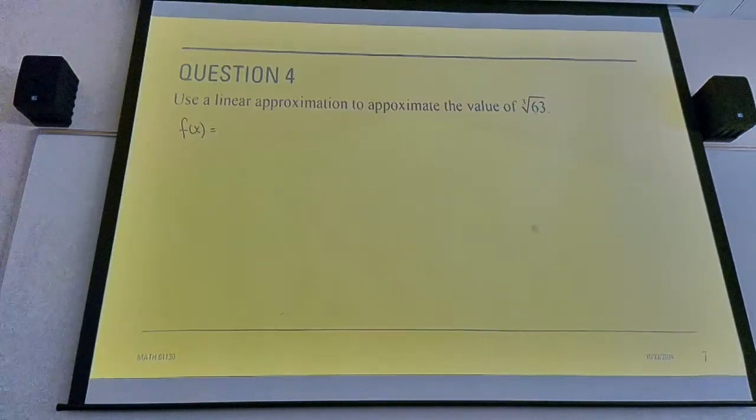I still wouldn't use a power. Cube root. What's a? Let's hope that this goes as well as the last one did. What is f prime?